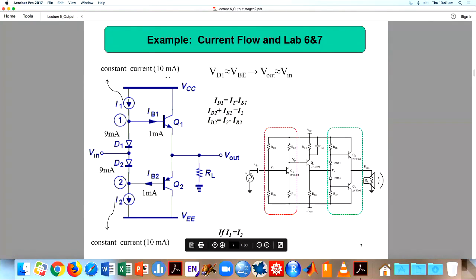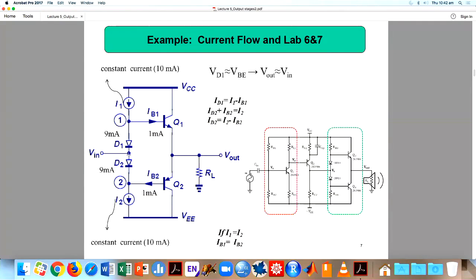When it is 10 milliamps, it will branch out, and the 10 milliamps current will come here. So that is the reason instead of a current source, in your design we have put resistances, see, RB3 and RB4. Resistance also will work.